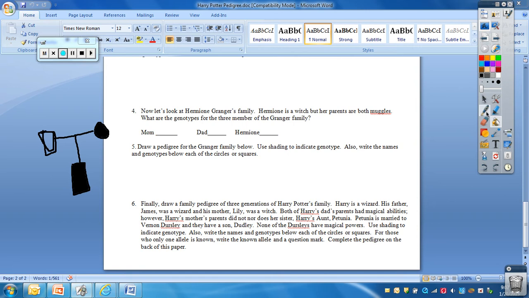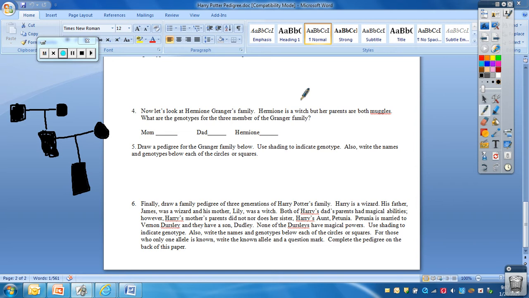So y'all understand that should be filled in. Both Harry's dad's parents had magic abilities, so his grandparents should be homozygous recessive as well. Why won't that work?